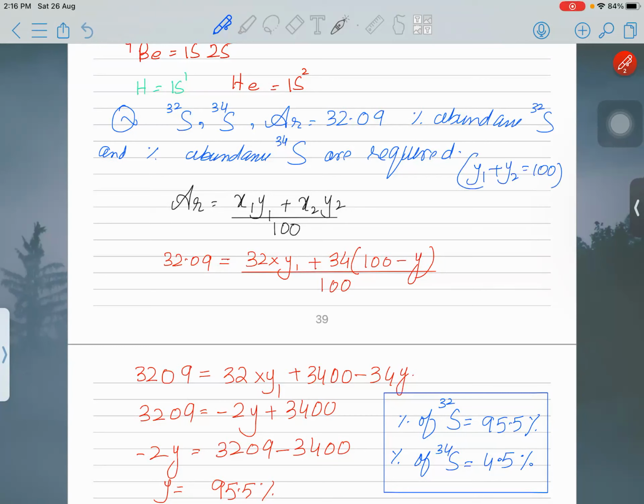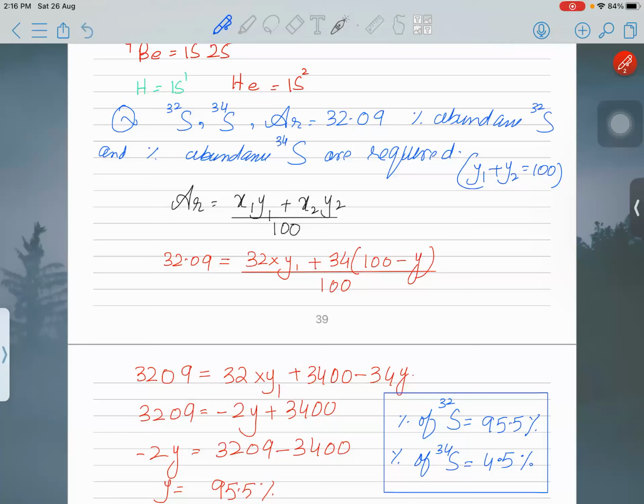Any question? So inshallah, from tomorrow we will start past papers, of the first chapter. Sir, how did you know that 32S has 95.5% and 34S has 4.5%?